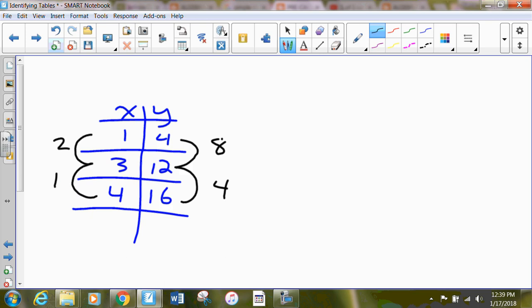Slope is rise over run, the change in y's position over the change in x's position. So we would say the slope is 4 over 1, and we can also represent it as 8 over 2. But that's the same thing, right? 8 over 2 and 4 over 1 means the same thing, that the slope is 4.